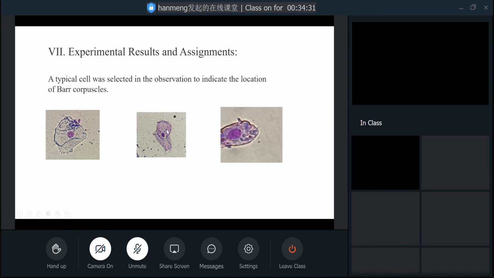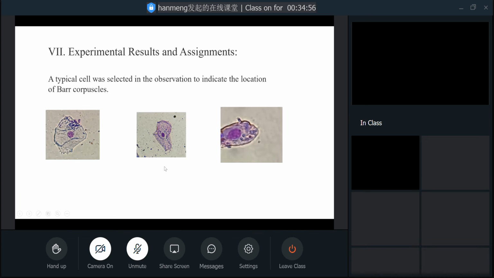Here, in the center of the cell is the nucleus. Because the chromatin is located in the nucleus, we should observe the nucleus for the X chromatin, the Barr body.